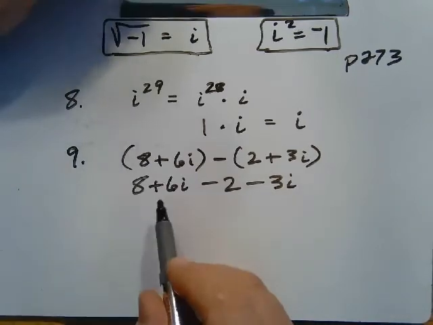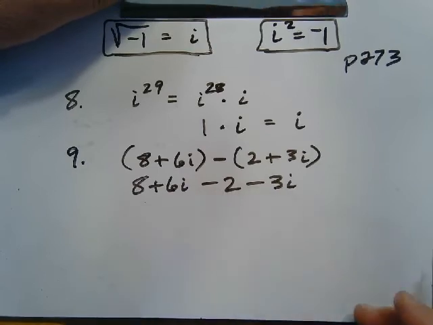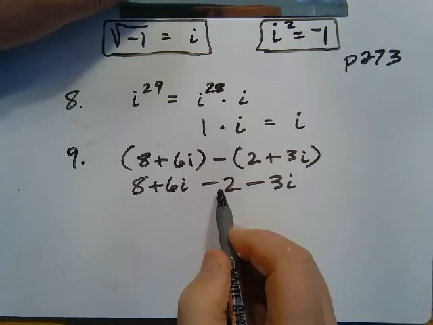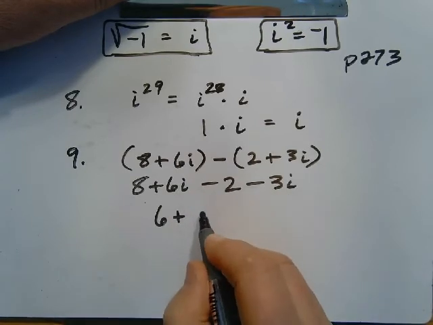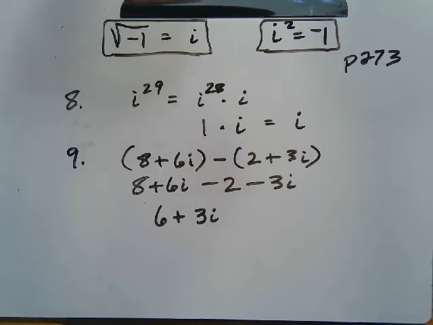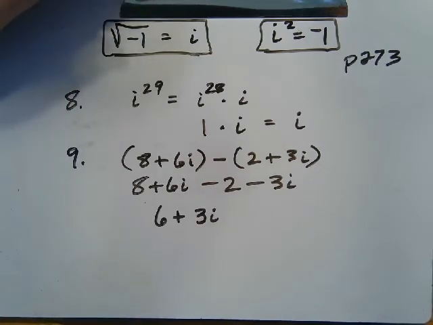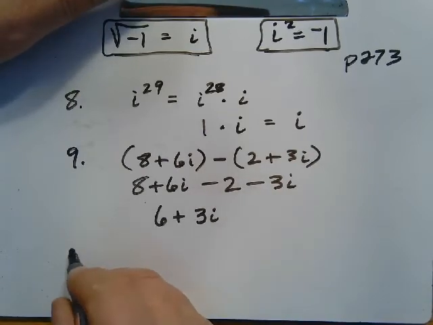Okay. Now add together the things that are real and add together the things that are imaginary. So 8 minus 2 is 6. 6i minus 3i is just 3i. So there's your answer there. You don't need to overthink this one a little bit. It's just like dealing with variables. Number 10.